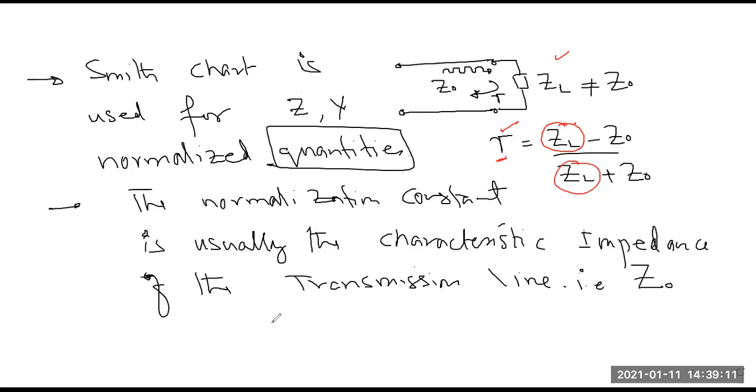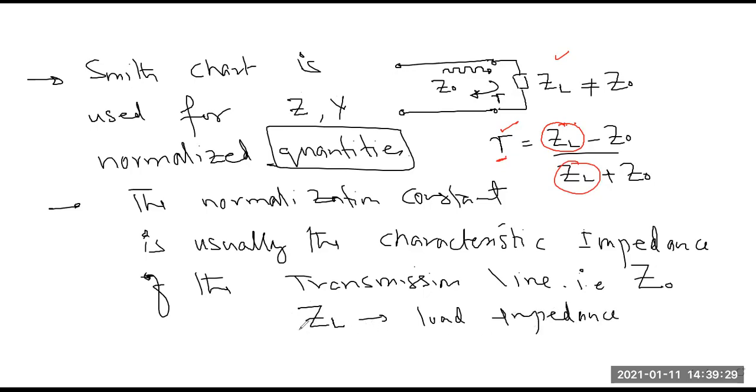So just to give you an example, if you are given information that load impedance is ZL, represented by this capital ZL, okay? So this ZL is my load impedance.